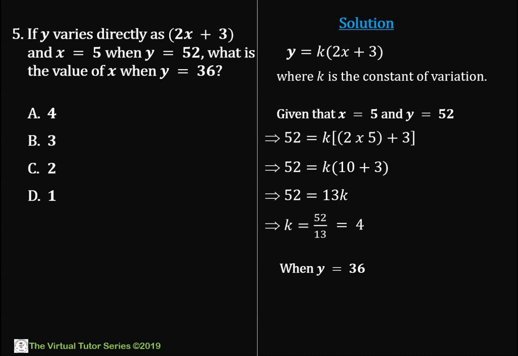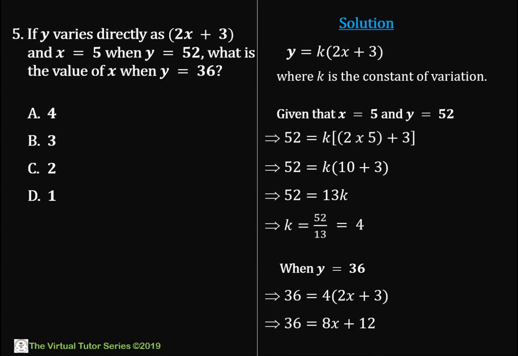This gives us 36 is equal to 4(2x + 3). Let's now expand the bracket by multiplying 4 by 2x and 3. 4 times 2x is 8x, and 4 times 3 is 12. So we have 36 is equal to 8x + 12.